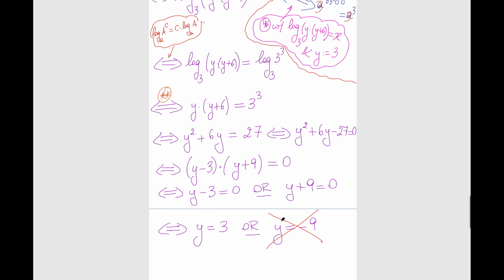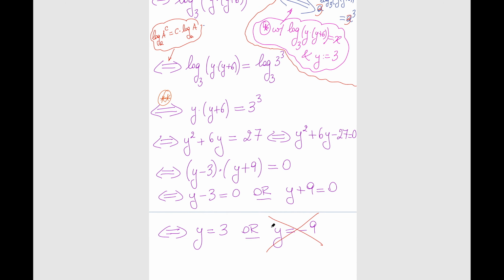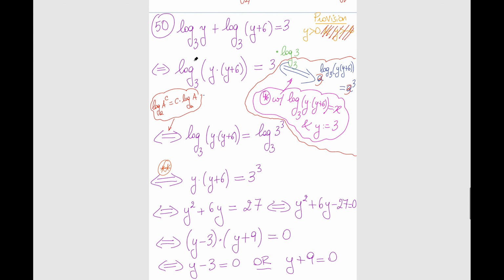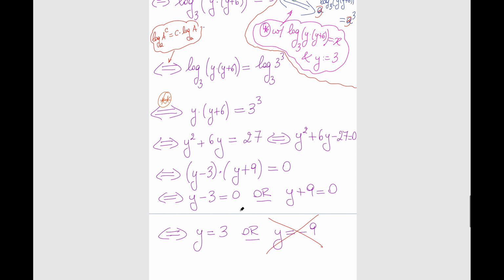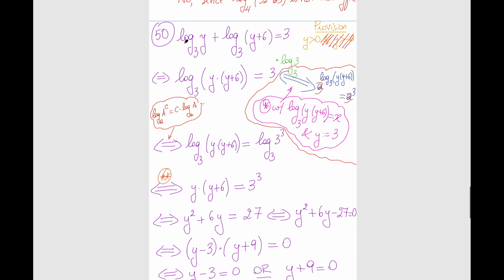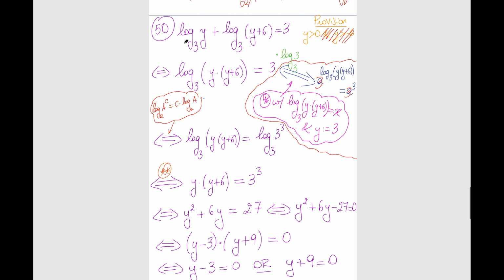Whatever you get here, keep in mind these are only suggested solutions. They are just the proposed ones. So check by hand each one in the initial equation. Whichever verifies the equation.